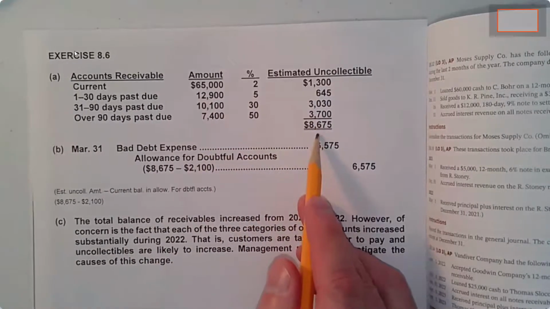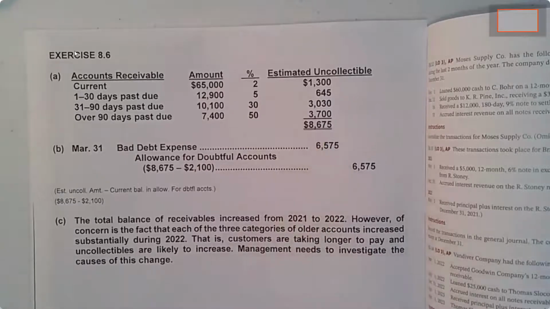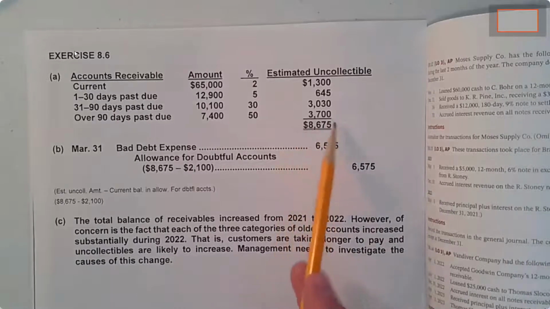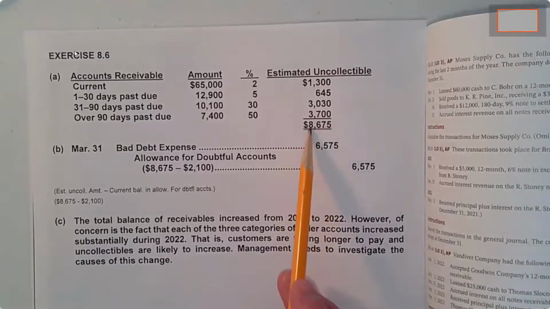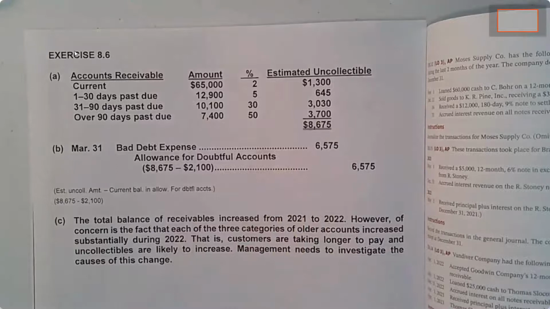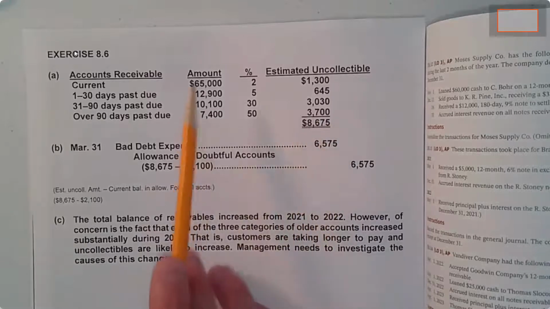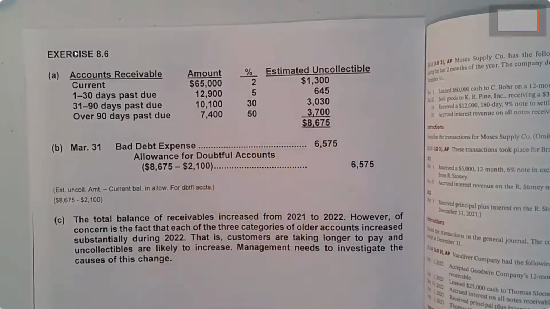What 8,675 represents is how much we think we need in that allowance account. So in the next year, as people start to pay us or don't pay us, we could take it out. So it's for setting up a reserve account. We want the balance to be 8,675. We know it already has 2,100 in it, so that's going to affect the next journal entry. But again, the calculation here is simple. It's just take the amounts times the percentage.